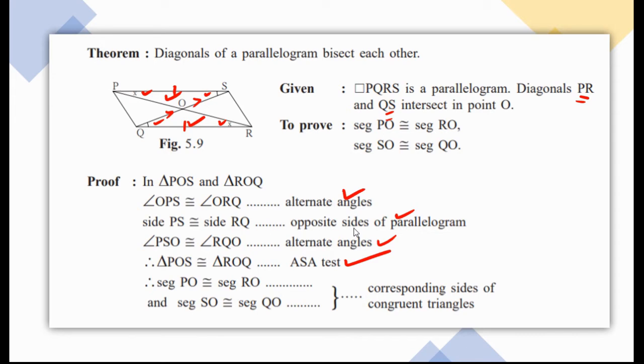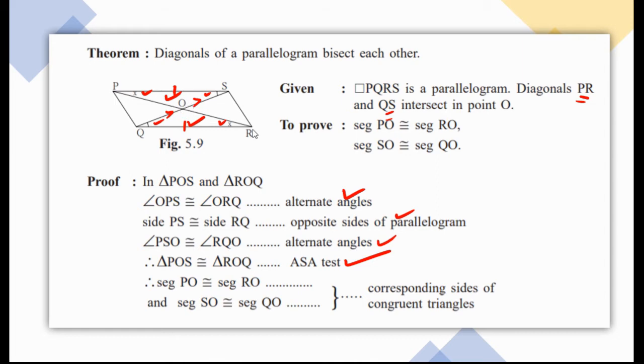And we also know that segments PO and RO, as well as segments SO and QO, are the sides of these triangles. POS में PO और SO triangle की साइड है, ROQ में RO और OQ ये sides हैं, and they are the sides of these congruent triangles now.